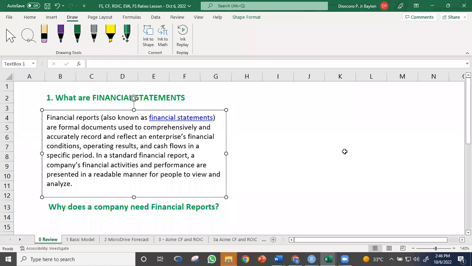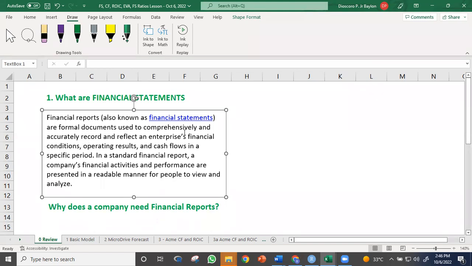That way, if a company doing business in, let's say, the Philippines submits financial statements to the USA or other countries, it will be easy for the users in that country to understand them, because there is now mostly a universal practice as far as generating financial statements is concerned.